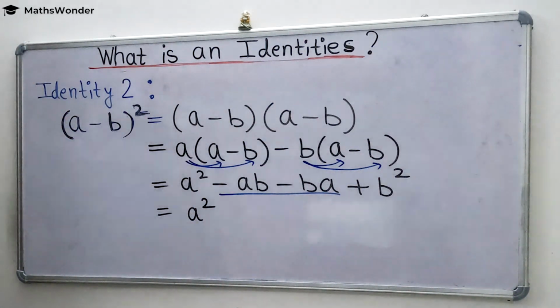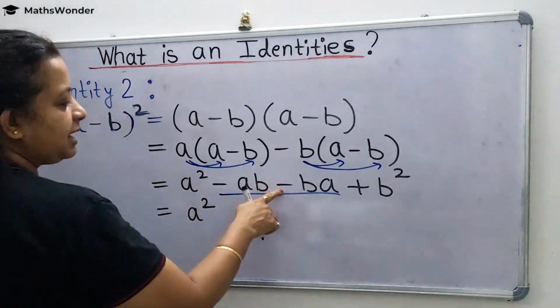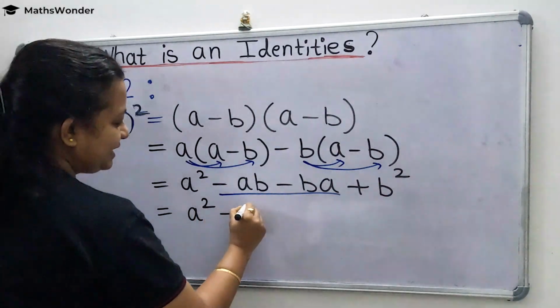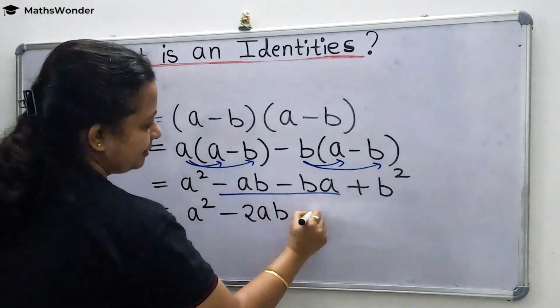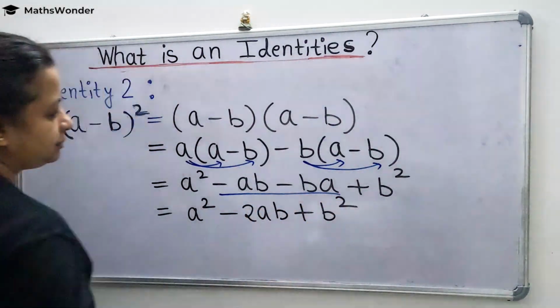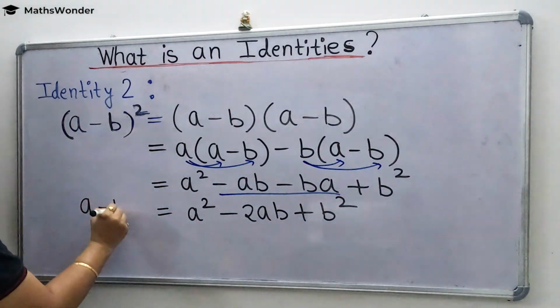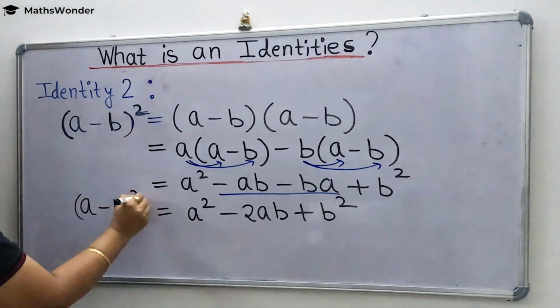Now use your integers. Negative and negative will be negative. So negative 2ab plus b square. So this is the identity of (a - b) whole square.